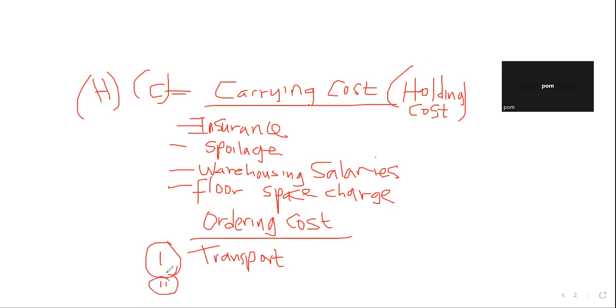When you're doing research for the car you're ordering, it is a part of ordering cost. So R and D, research and development. What else? Delivery charges for what you have ordered. It's the same as part of the transport, so delivery cost.